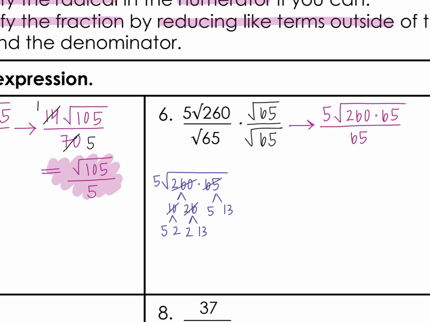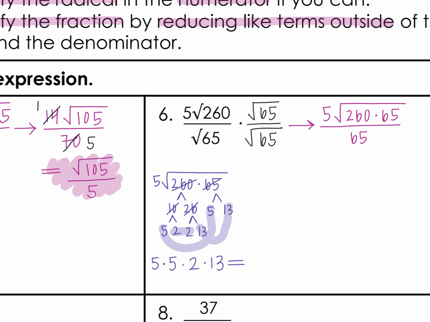Well, this helped me out quite a bit because I'll notice here that I have a pair of 2s. I have a pair of 5s. And I have a pair of 13s. So I can go ahead and pull them out. So we have 5 already out there times another 5 times 2 times 13. Okay, so 5 times 5 is going to give me 25.